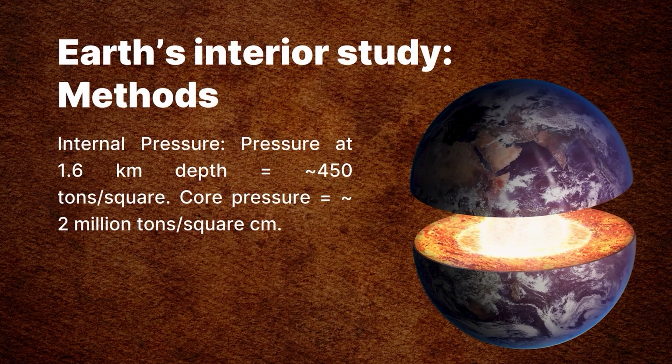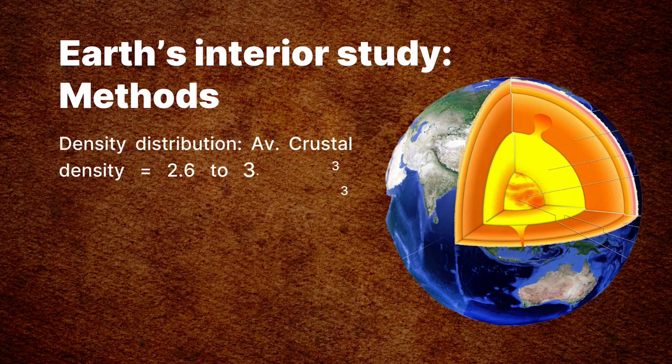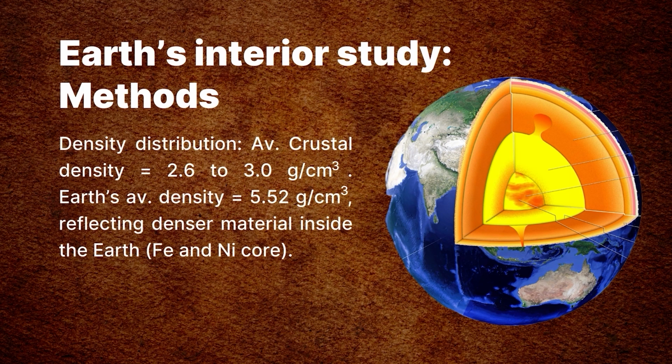This is called the pressure gradient. Similarly, density distribution is also uneven. Average crustal density is 2.6 to 3 gram per centimeter cube, whereas Earth's average density is 5.52. That means there is some difference between the crustal material and the density of the core.